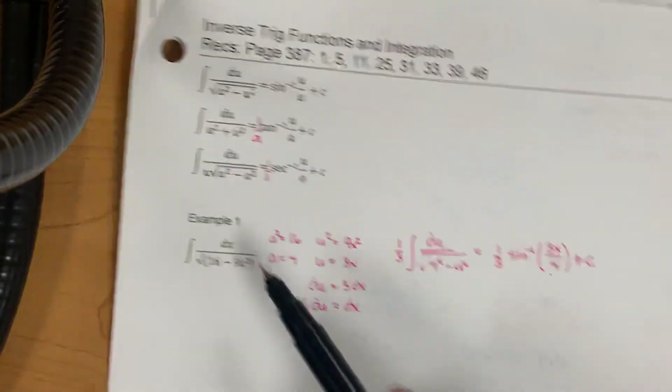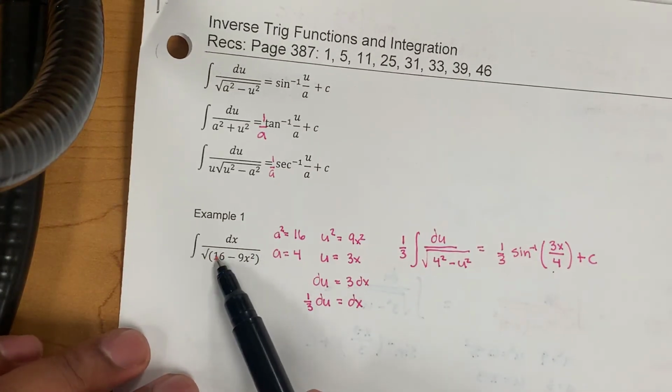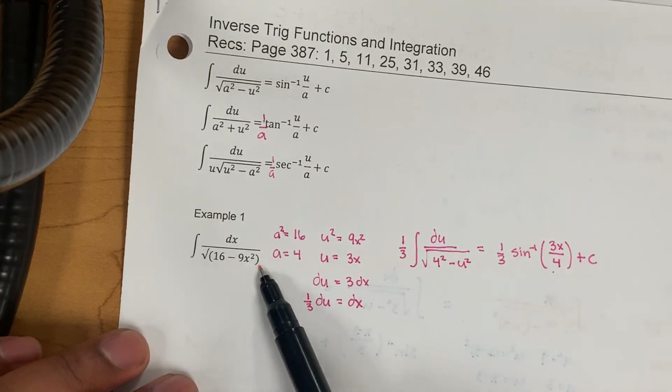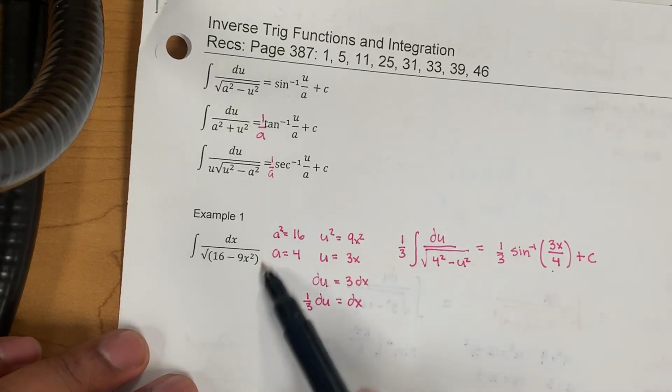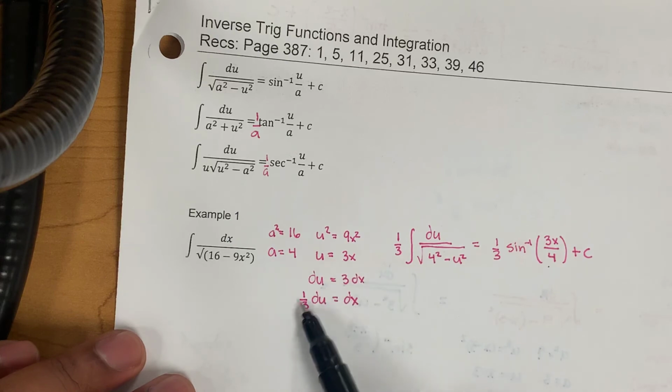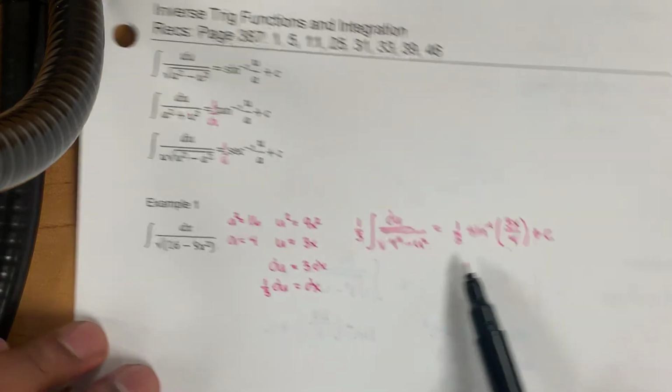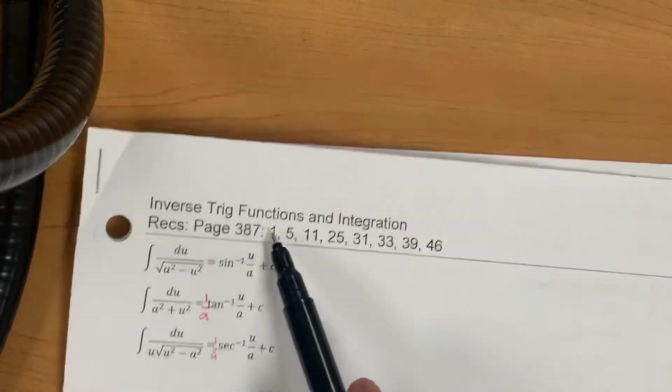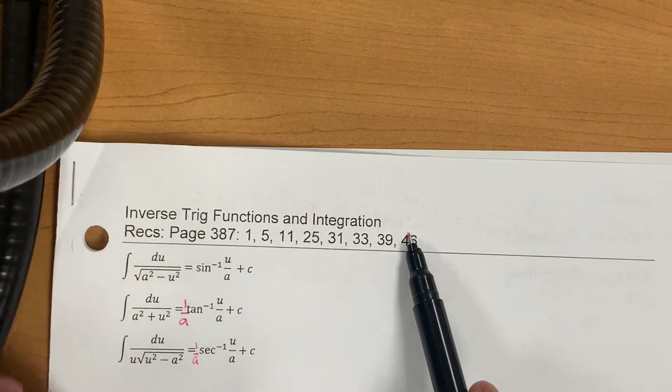For inverse sine, we have the square root of a perfect square minus another perfect square, and we still identify all of our information. If we have a meaningful u substitution, we actually do that replacement and we integrate. I would recommend doing these problems for practice.